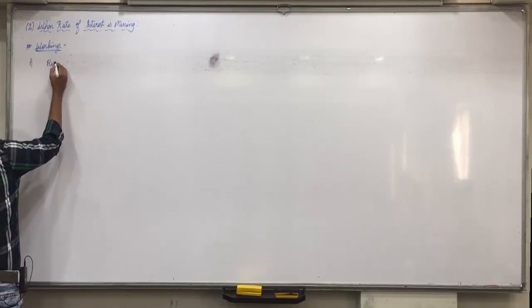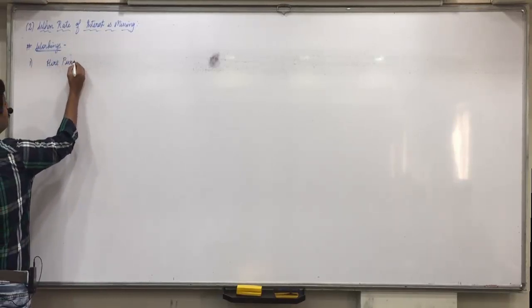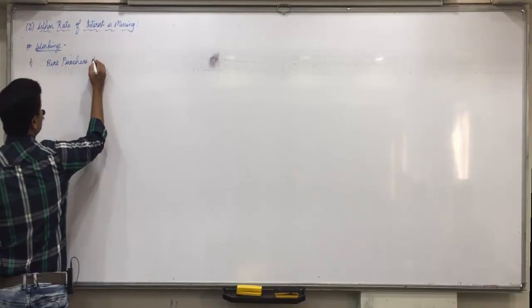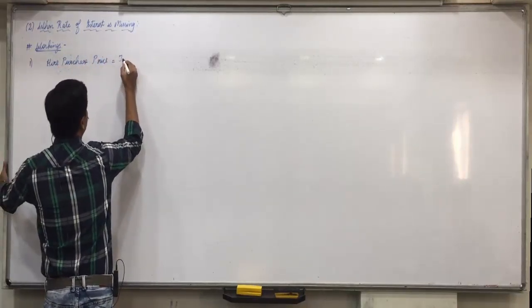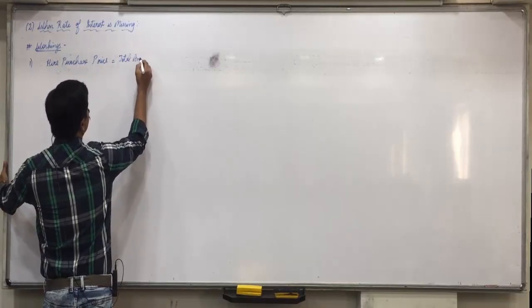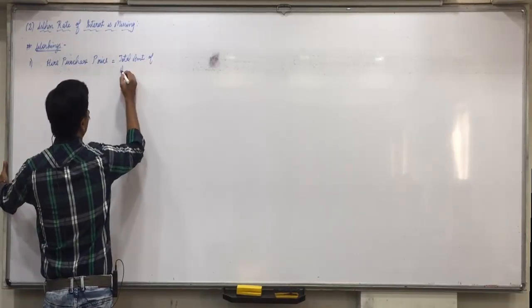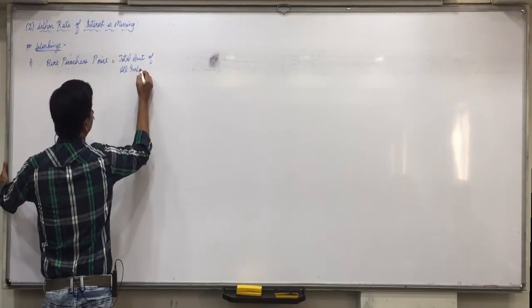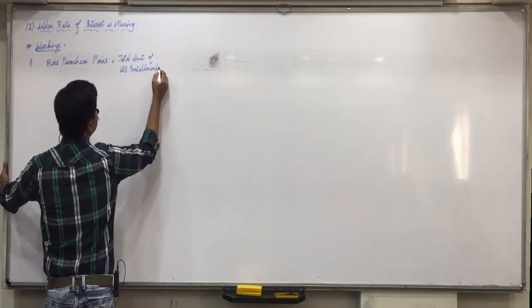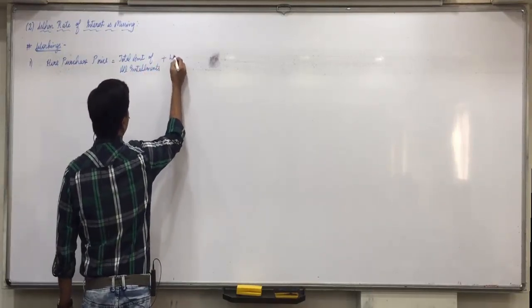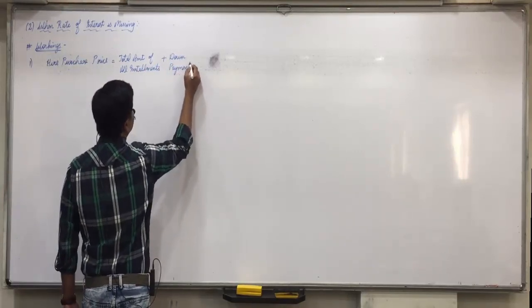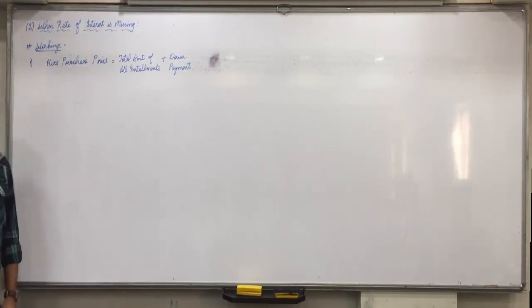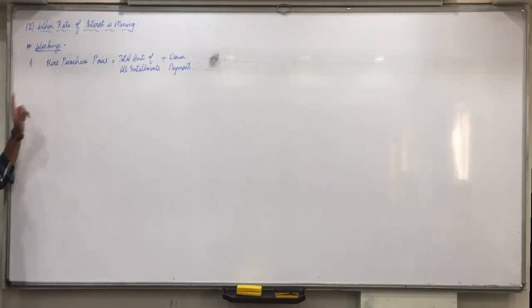How will we find that total interest? First we will find higher purchase price. How will we find higher purchase price? It is the total amount of all installments plus down payment.